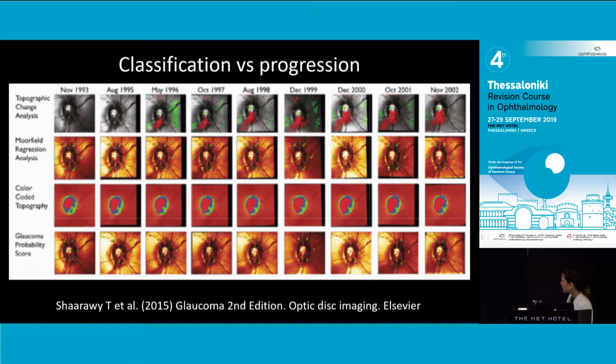But if you look at the analysis algorithms for diagnosis, both the Moorfields regression analysis and the glaucoma probability score classify the disc as either normal or borderline. So what's happening there? Well, your classifier is not good enough, but it is good enough to detect change, which is why it is worth repeating the tests again and again.